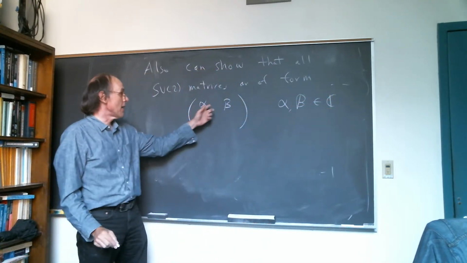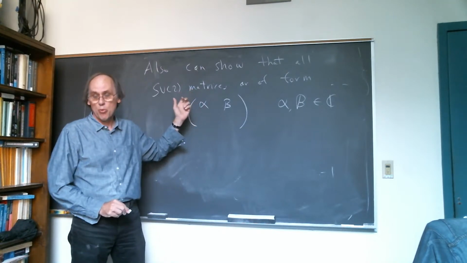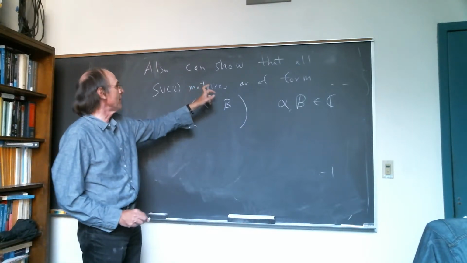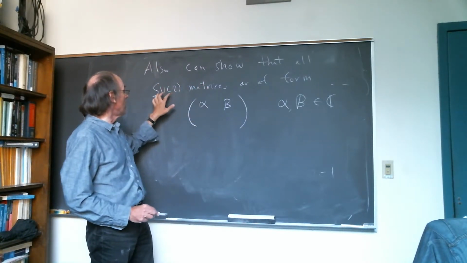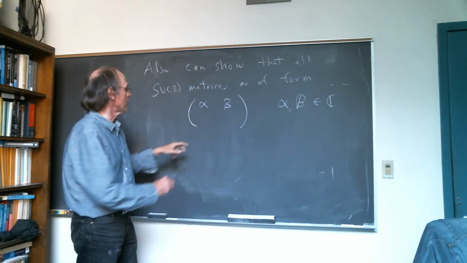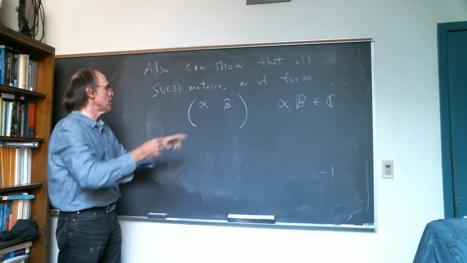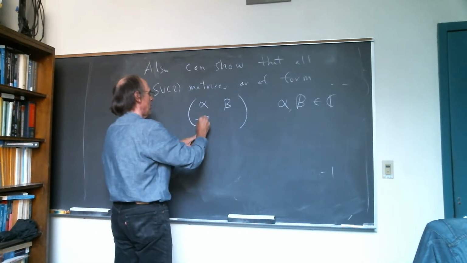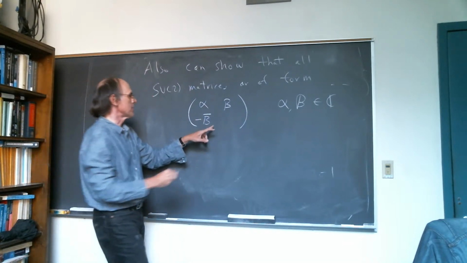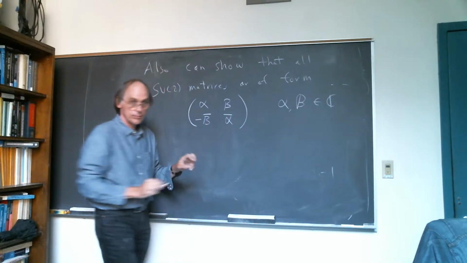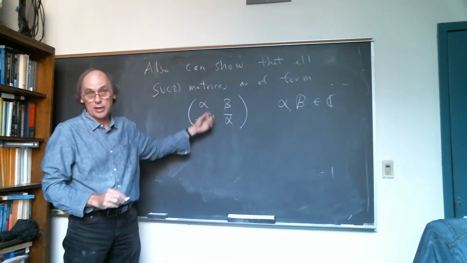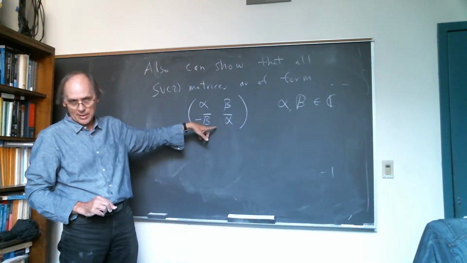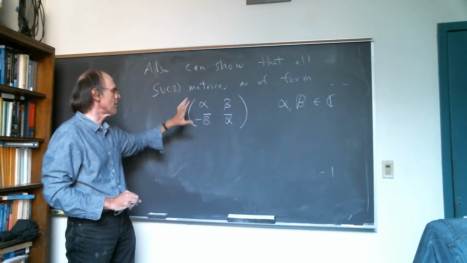If you write down one row of the matrix, then to make the matrix unitary, this has to be minus beta bar, and this has to be alpha bar, the conjugates.